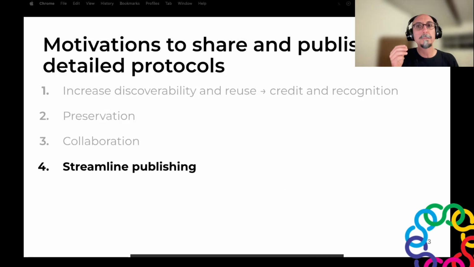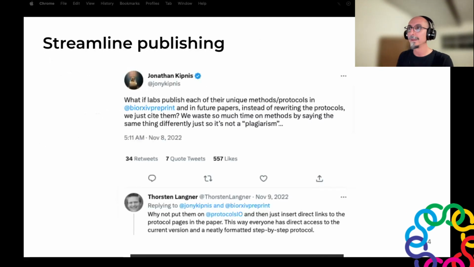And managing and publishing your methods independently should also simplify your work down the road when the time of submitting and publishing a paper comes. Again, I'm going to use Twitter. So here we have a scientist at Washington University, Professor Jonathan Kipnis, saying, what if labs publish each of their unique methods or protocols, and in future papers, instead of rewriting the protocols, we just cite them?